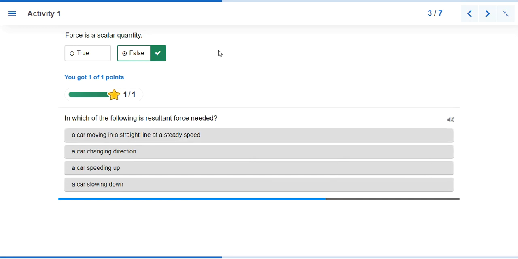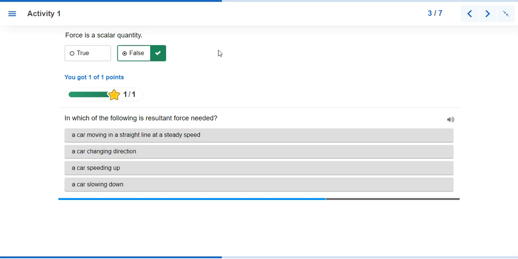Now, in which of the following is resultant force needed? A car moving in a straight line at a steady speed, a car changing direction, a car speeding up, or a car slowing down. When a car is slowing down, it is undergoing deceleration. When a car is speeding up, it is undergoing acceleration.